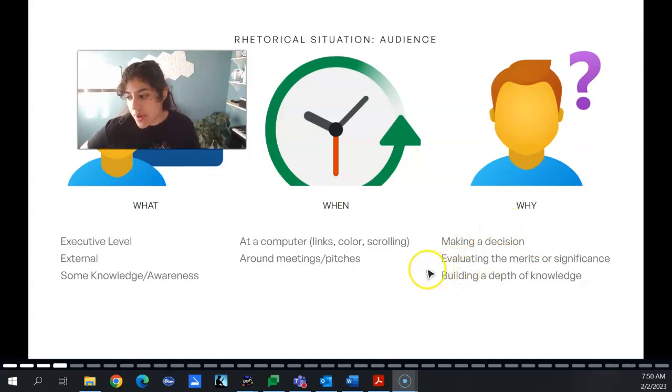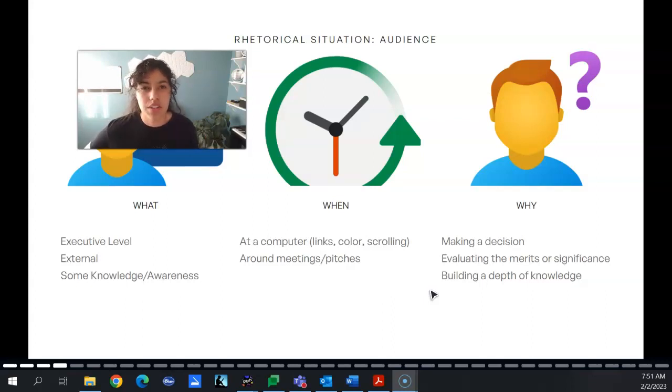It also could be about evaluating the merits or the significance. Again, proposals, feasibility studies really are tied into, is this thing worth doing? And so our reports need to lay out all the context and the info to show if it is or is not worth doing. And then last, they might be building on their knowledge. So they might request more of an information report or even a white paper.